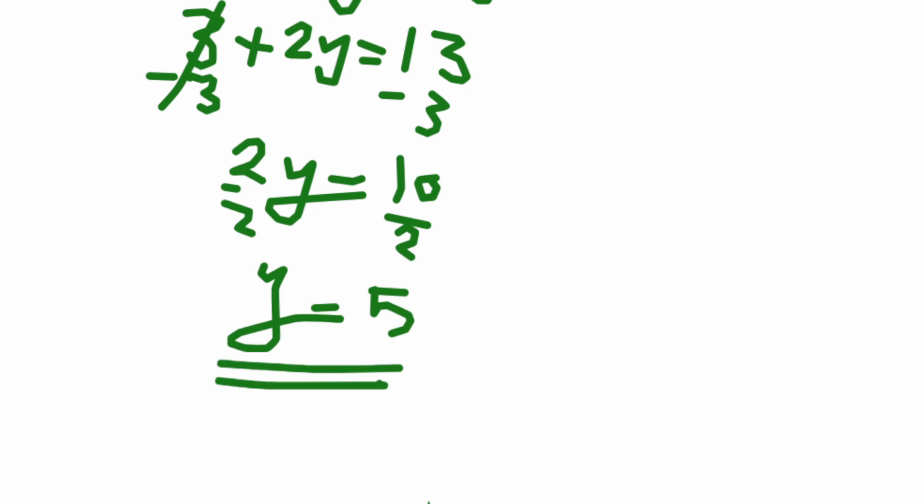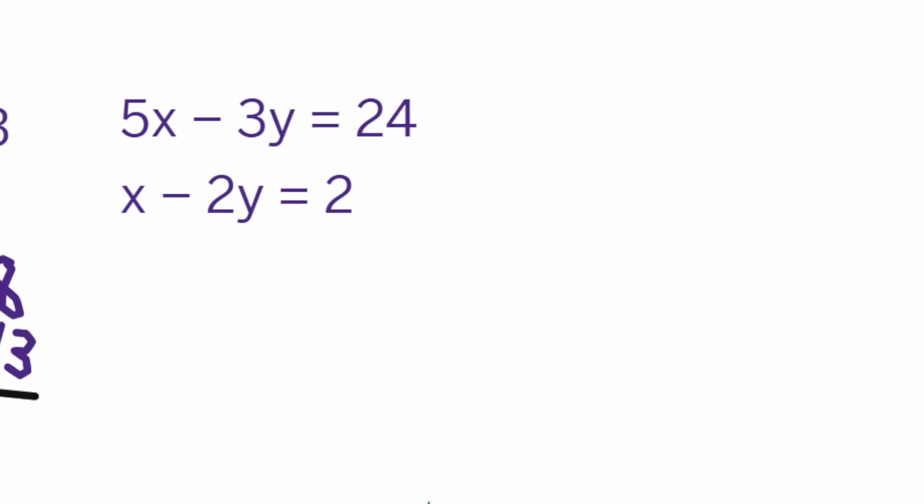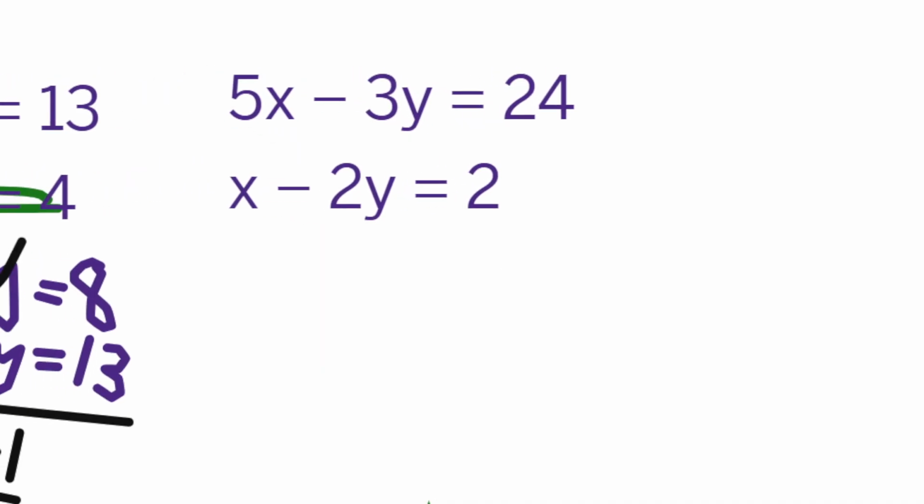This is a very good example. Now this is a different example here. For the sake of time, I'll just show you how to do it, and you do it yourself, and then comment your answers. All right, so look, the x's are not equal, the y's are not equal. We can multiply all this by 5. That helps us.